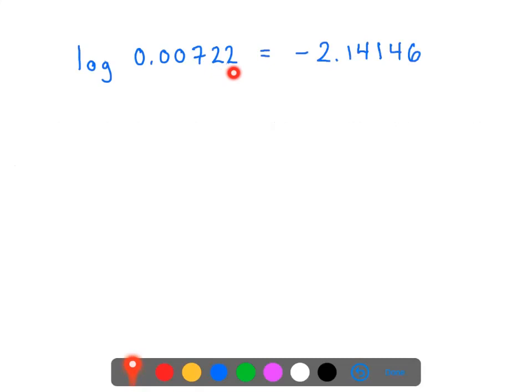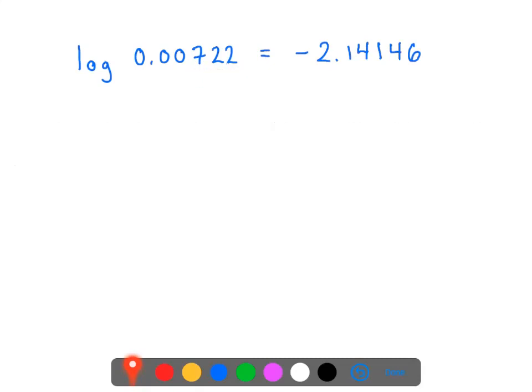So if we look at an example, let's take the log of a number with 3 sig figs, 0.00722. The calculated result would be minus 2.14146. Now there are, again, 3 sig figs in this value.